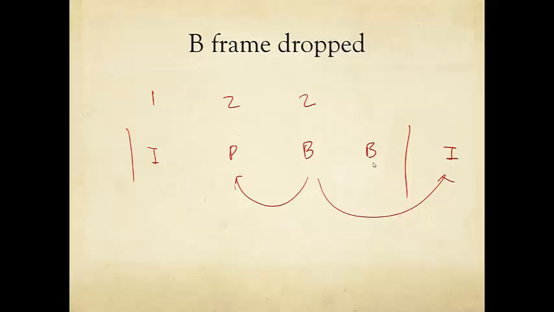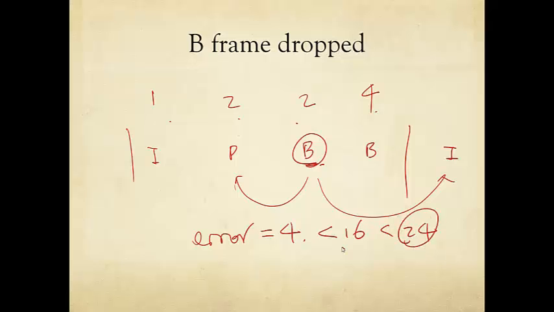And then the next one is properly received. So you get 1, 2, 2, 4, and you can easily see that the error in this case is restricted locally to this B frame, and that is 4, which is less than 16, which is less than 24. So this difference quantifies the impact of dropping an I versus P versus B frame.